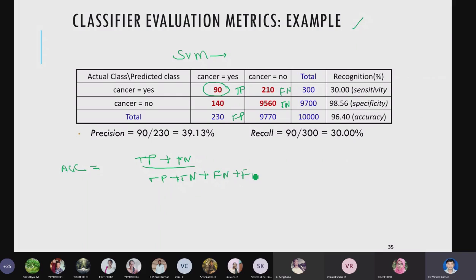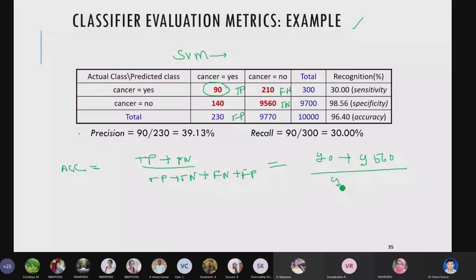So what will be the answer here? How will you calculate it? TP is 90, plus what is TN? 9560, divided by how much?